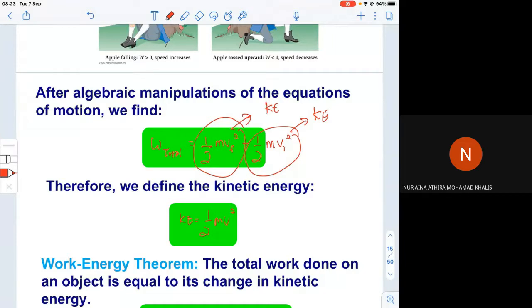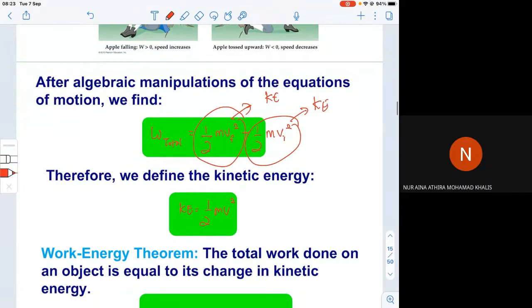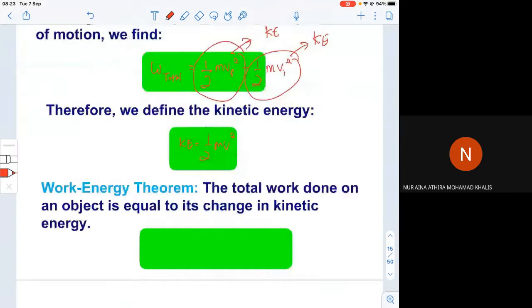That means m is mass, and v is velocity, or to be precise, v is speed. And we call that the work-energy theorem. Remember, before this, work is related to W equals F D cos theta.